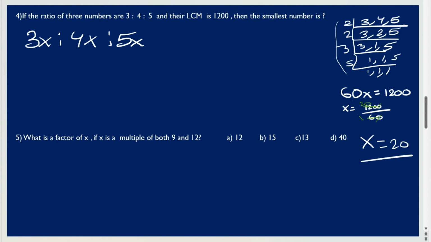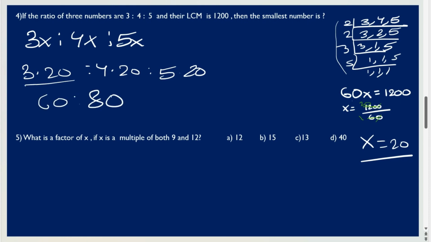So now let's substitute. 3 times 20, 4 times 20, 5 times 20. Okay, so now let's just multiply. Okay, so that's going to be 60 to 80 to 100. Okay, we just got the three numbers, right?